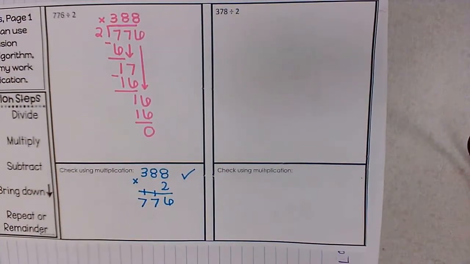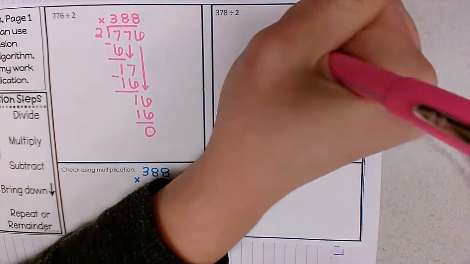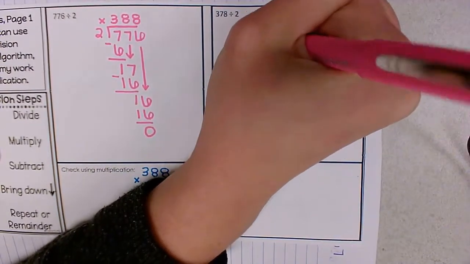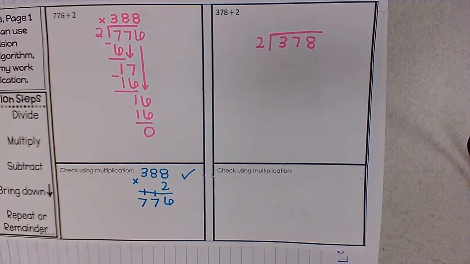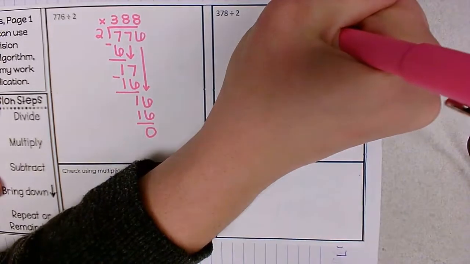Let's take it from the top with our next problem, 378 divided by 2. Our dividend is 378. Our divisor, knocking on the door, is 2. Divide, multiply, and subtract. Bring it on down and bring it on back. Divide. 3 divided by 2. The closest math fact I can do is 2 times 1.